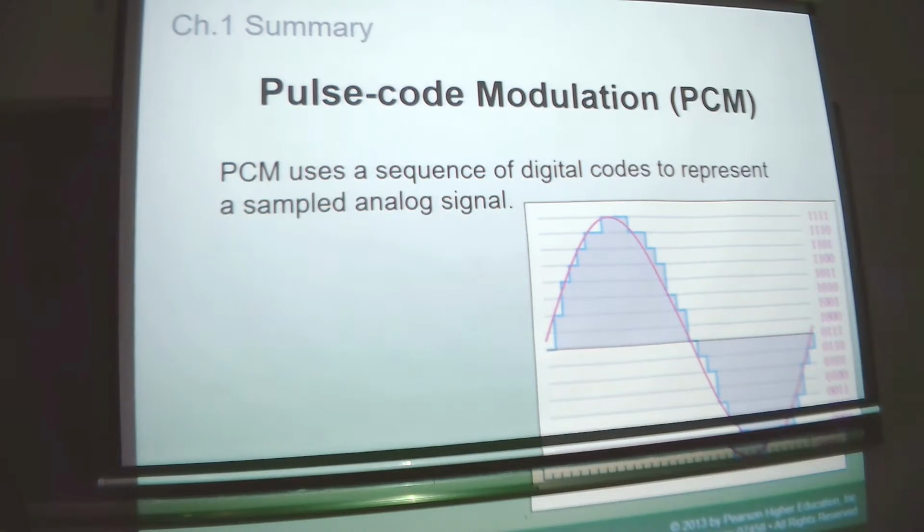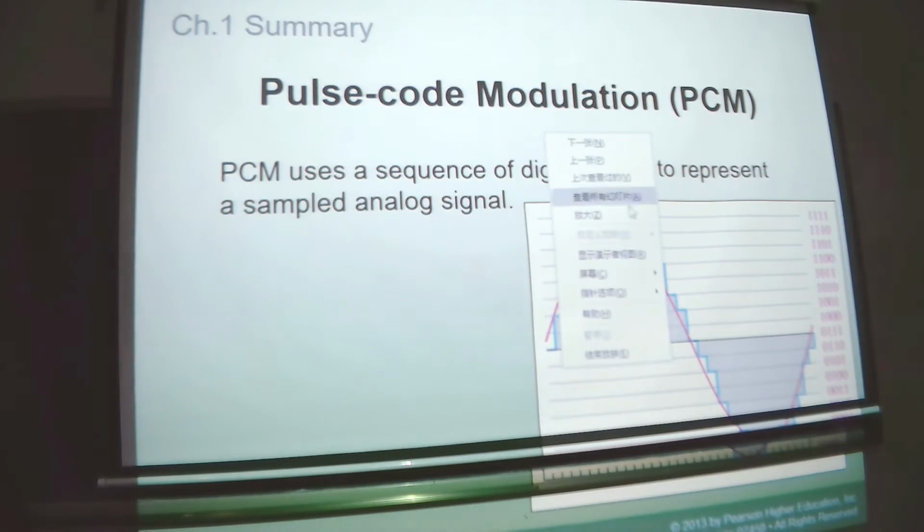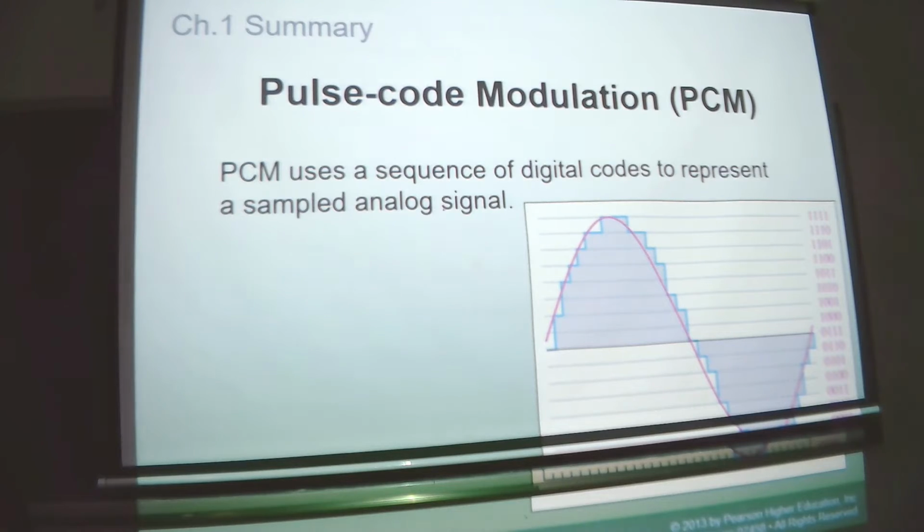PCM, pulse code modulation: using a sequence of digital codes to represent or sample the analog signal.